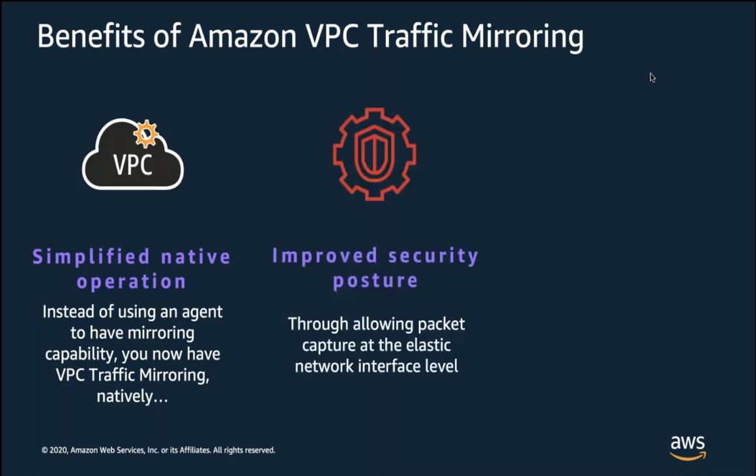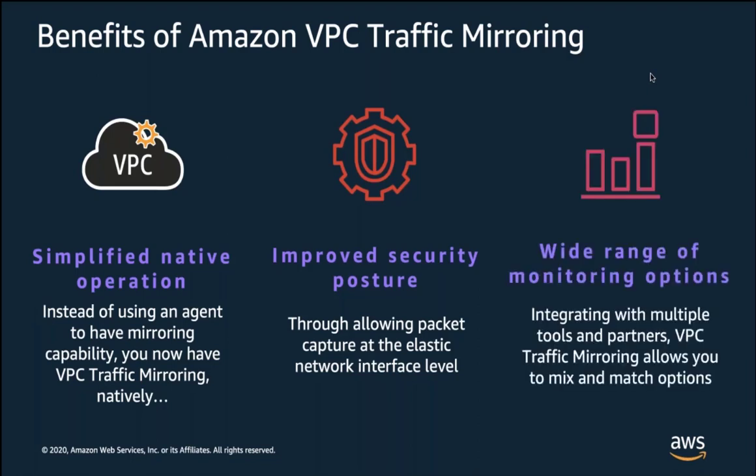Traffic mirroring also gives you the ability to improve your security posture by looking deeper inside the packets and applying more advanced filtering rules to that traffic flow. And finally, it gives you a wide range of monitoring options. It integrates with a variety of partners and analytic tools that can give you more insight into what's going on in your network.